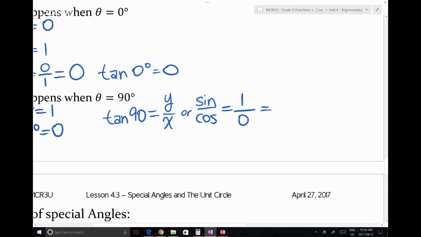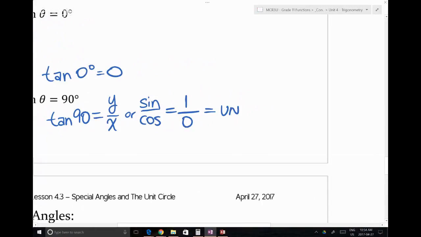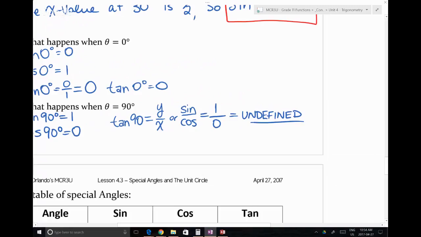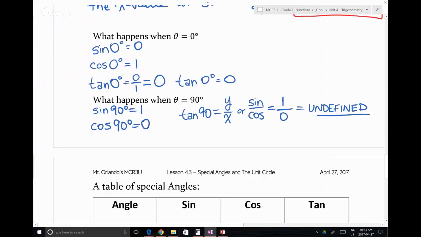And are we allowed to divide by 0? Undefined. So if this theory is right, there should be no such thing as the tangent of a 90-degree angle. Check that on your calculator. See what you get. You should get an error.